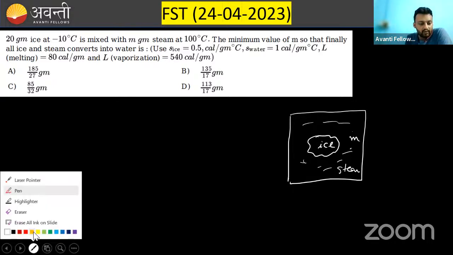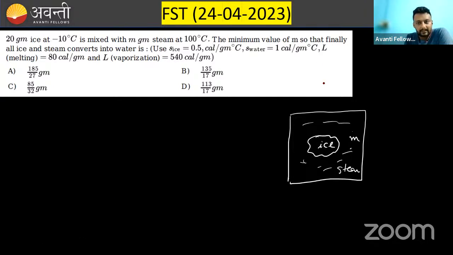So what is the meaning of minimum amount of steam? Finally they are asking the minimum value of m. Now if steam was more in amount or more in mass, then the temperature of the water will rise, and it will be on the higher side.